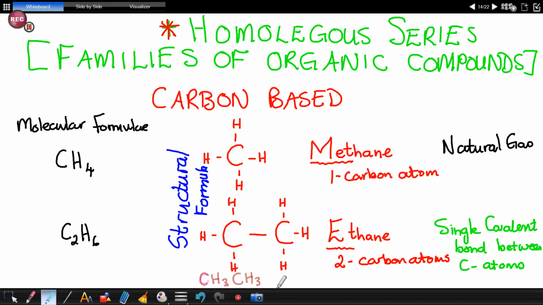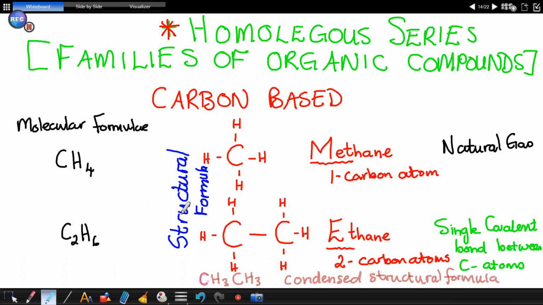This is called the condensed structural formula. Why? Because you don't have to draw all these lines and it takes up less space.